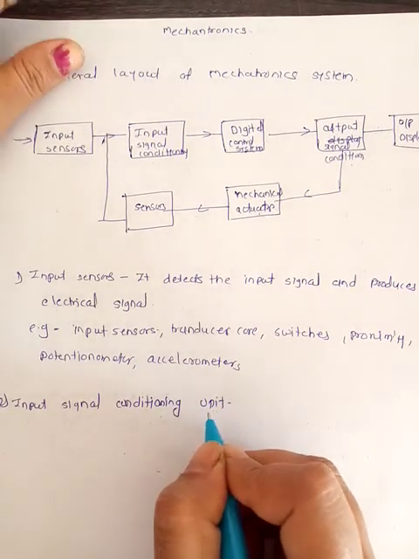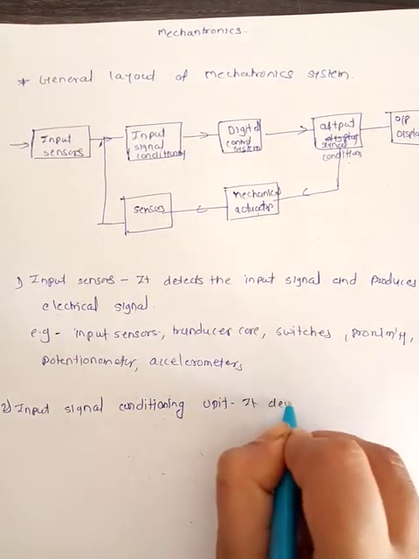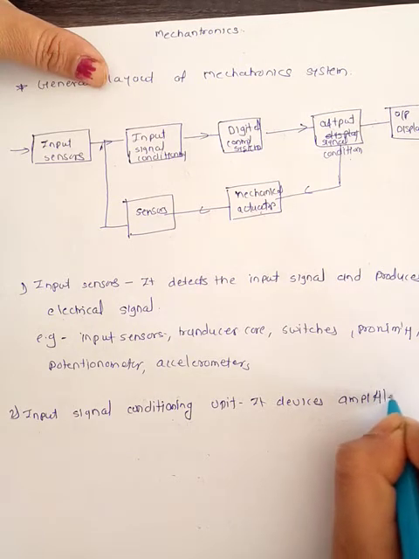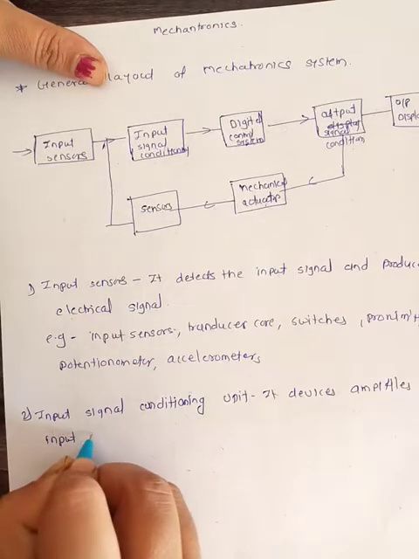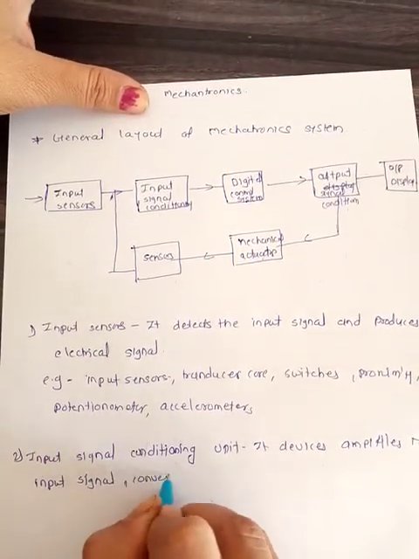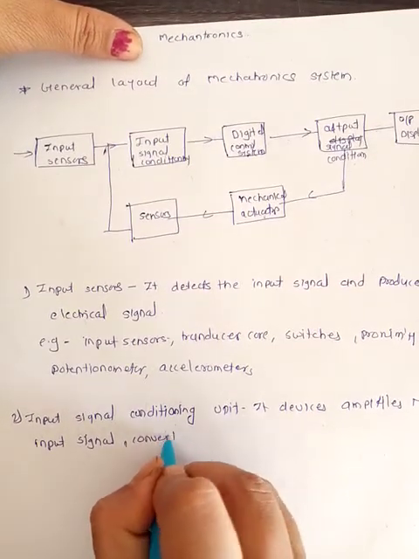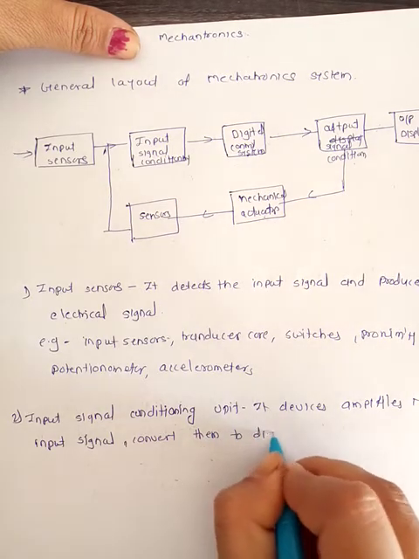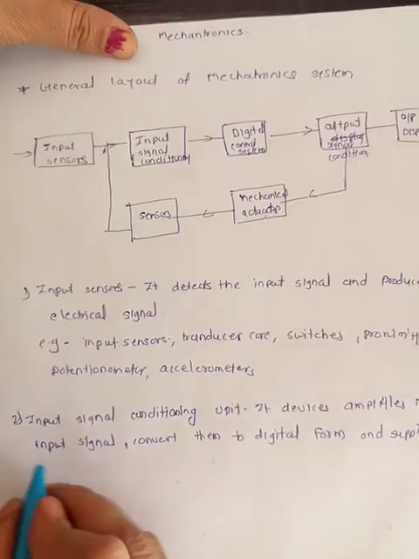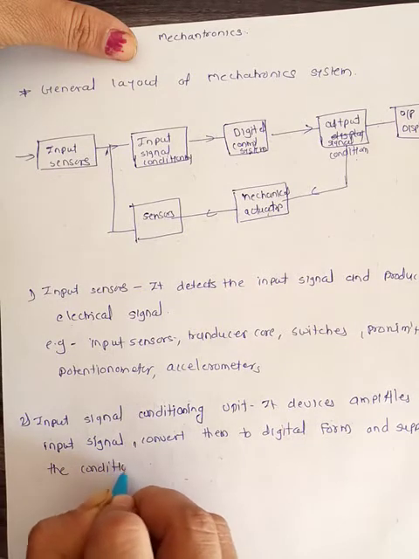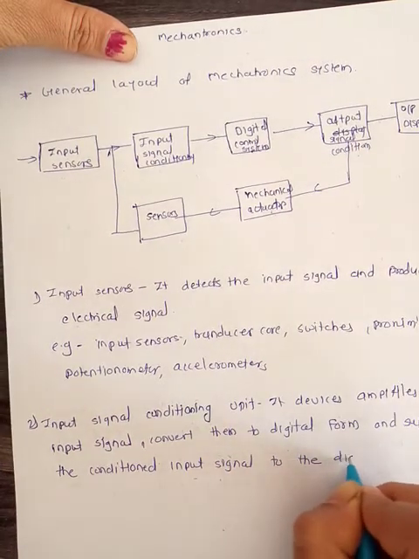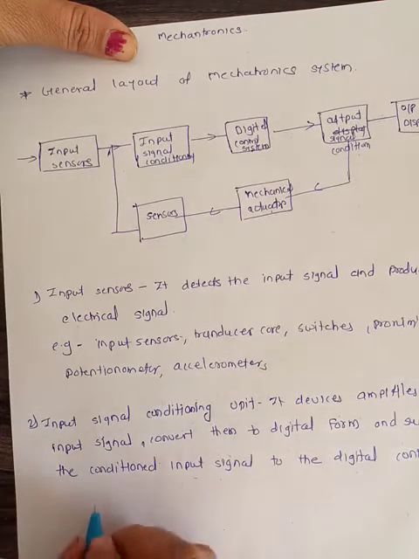The input signal conditioning device amplifies the input signal, converts it into digital form, and supplies the conditioned input signal to the digital control system.